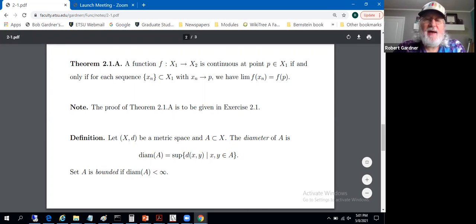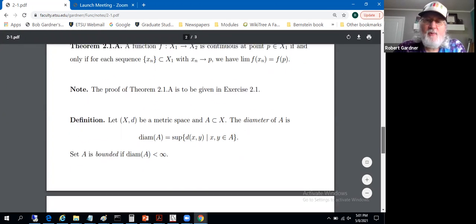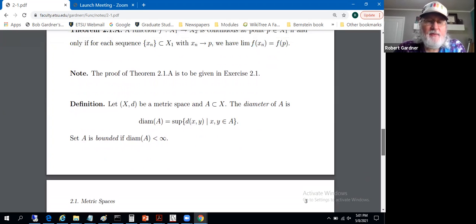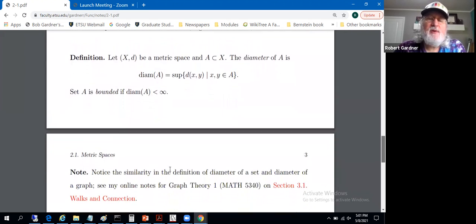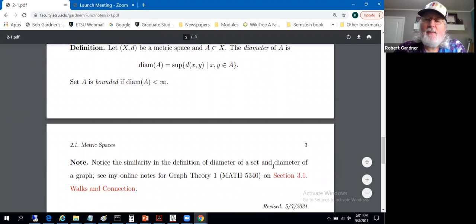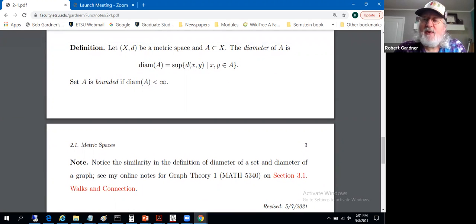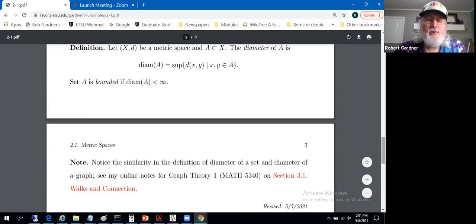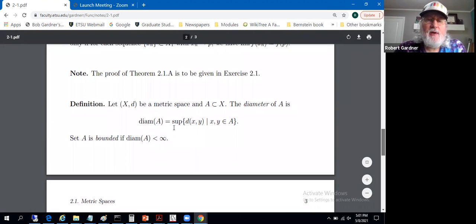This might sound a little familiar to you if you've got some exposure to graph theory. That's the same way you define the diameter of a graph in graph theory. Notice the similarity, the definition of diameter of a set and a diameter of a graph. Now things are a little less complicated in graph theory because there's none of this supremum stuff. There'd be a maximum.